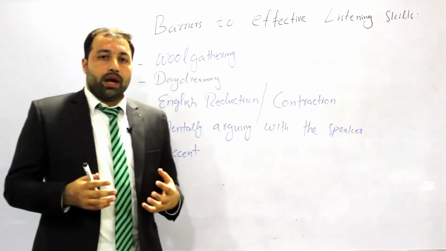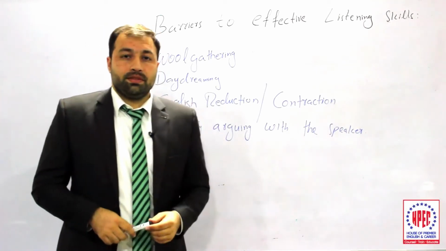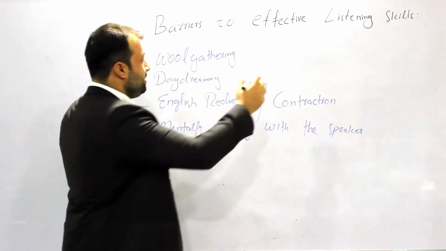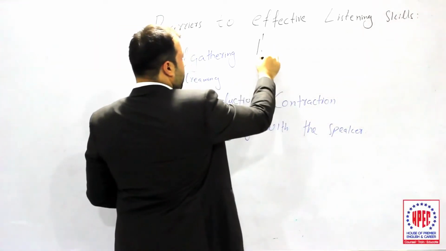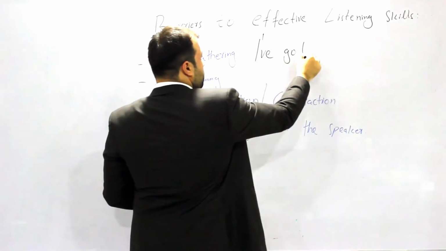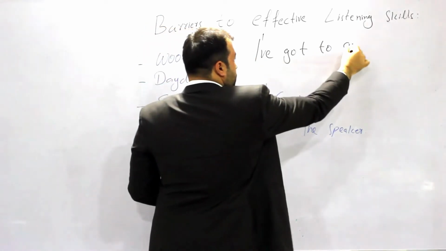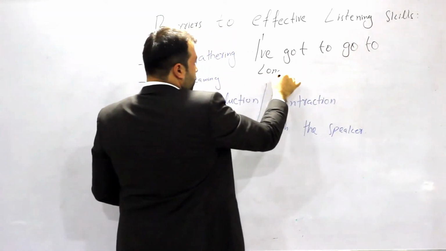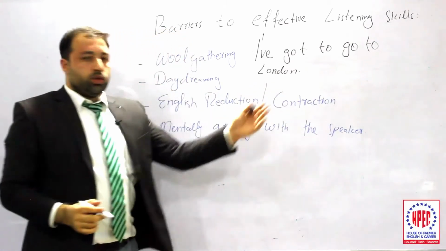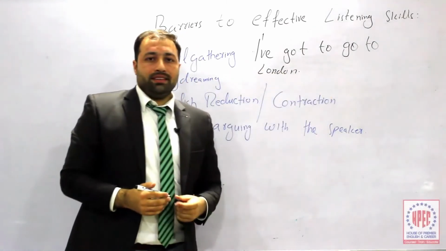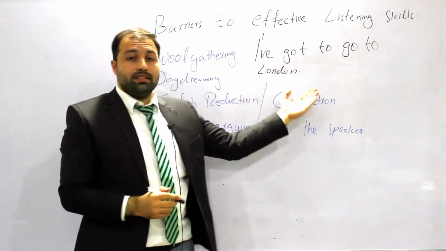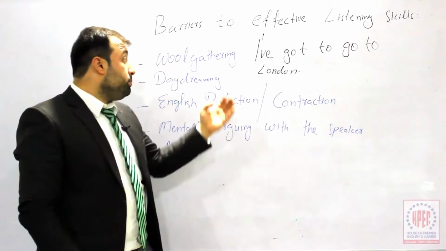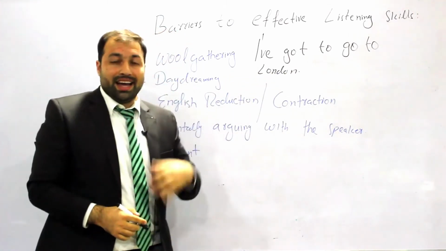Basically, English language users, especially the native speakers, use, for example, let's suppose this is a statement: I have got to go to London. So we can simply say this statement, I have got to go to London, but if we were to listen to an English speaking person, the person might say, I gotta go to London.